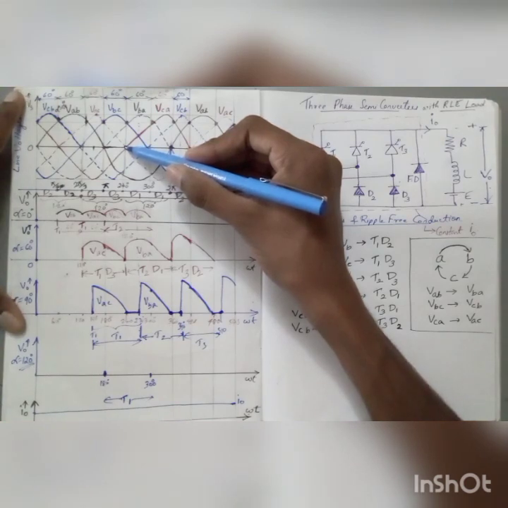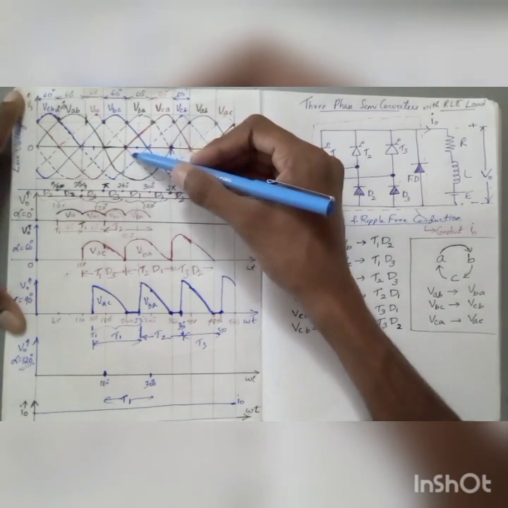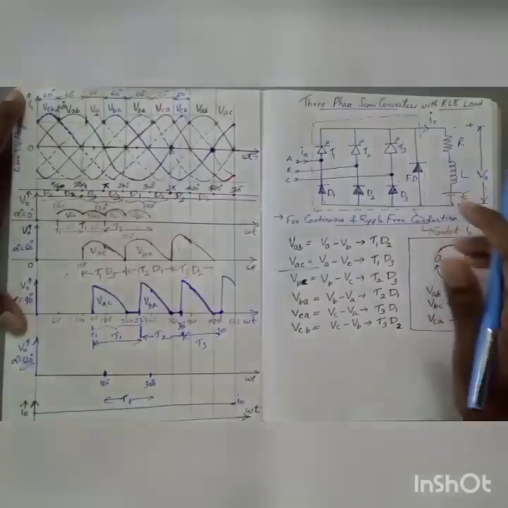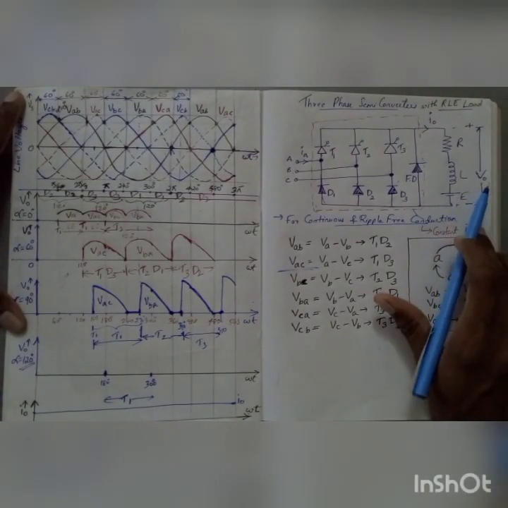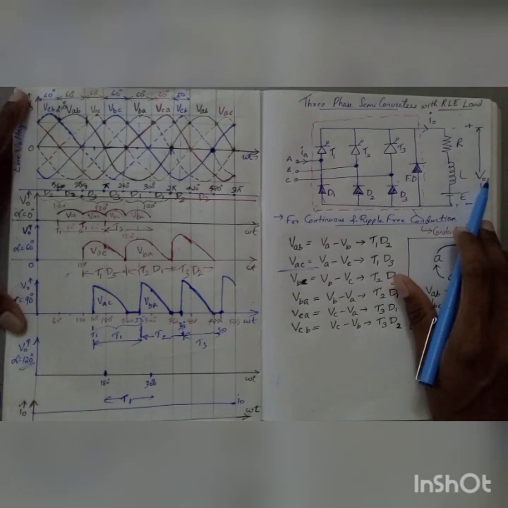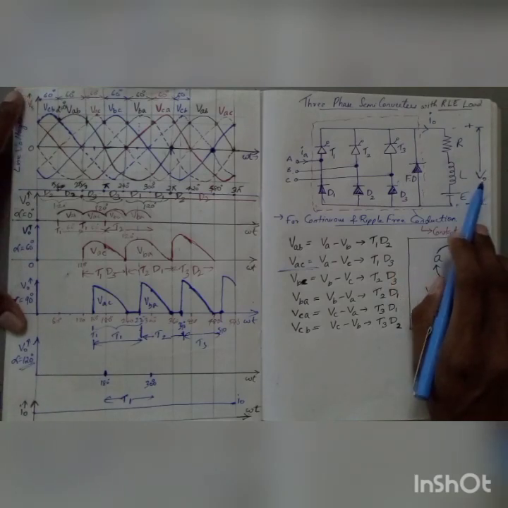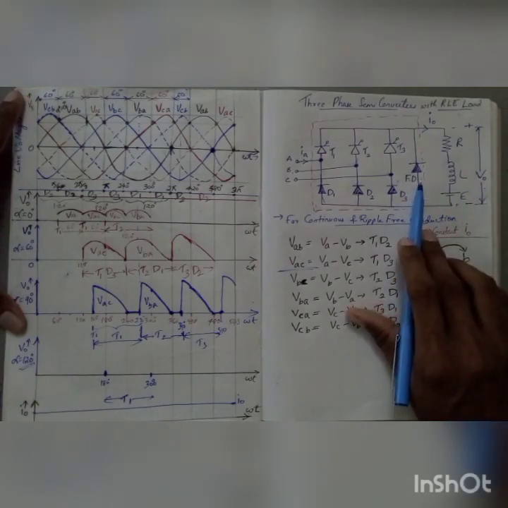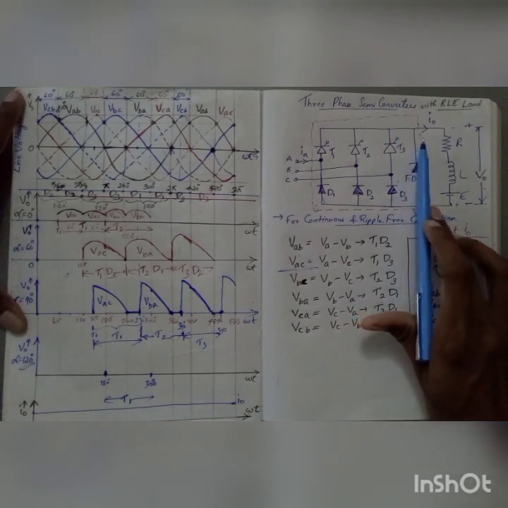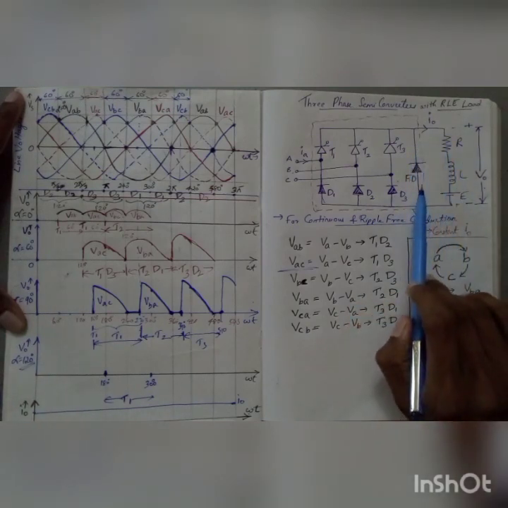My T1 will continue in conducting state itself, but VAC has become negative. VAC becoming negative means the same as the previous case. When V naught is equal to VAC and it is becoming negative, my freewheeling diode starts conducting. Then I naught will freewheel through RLE and the freewheeling diode.